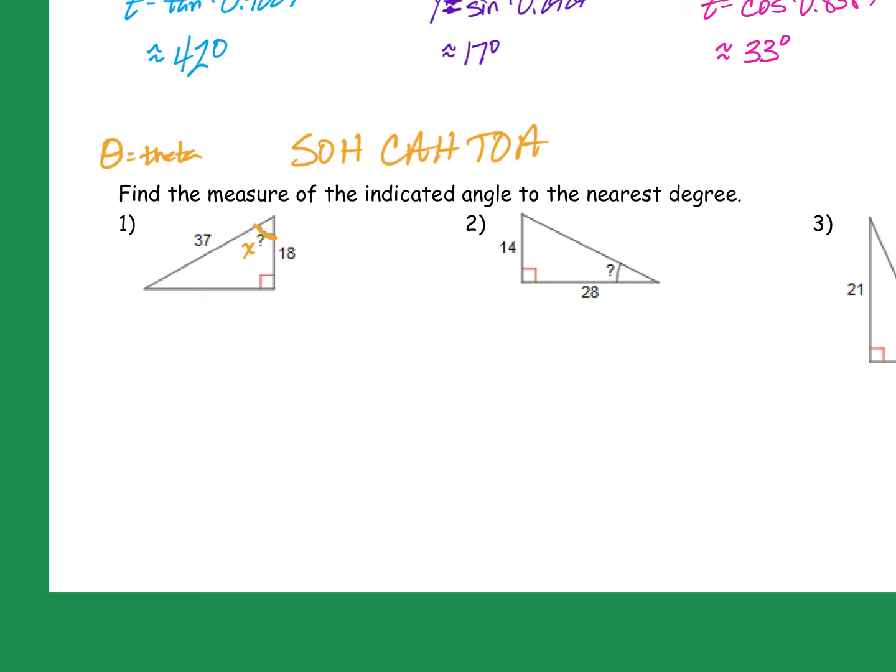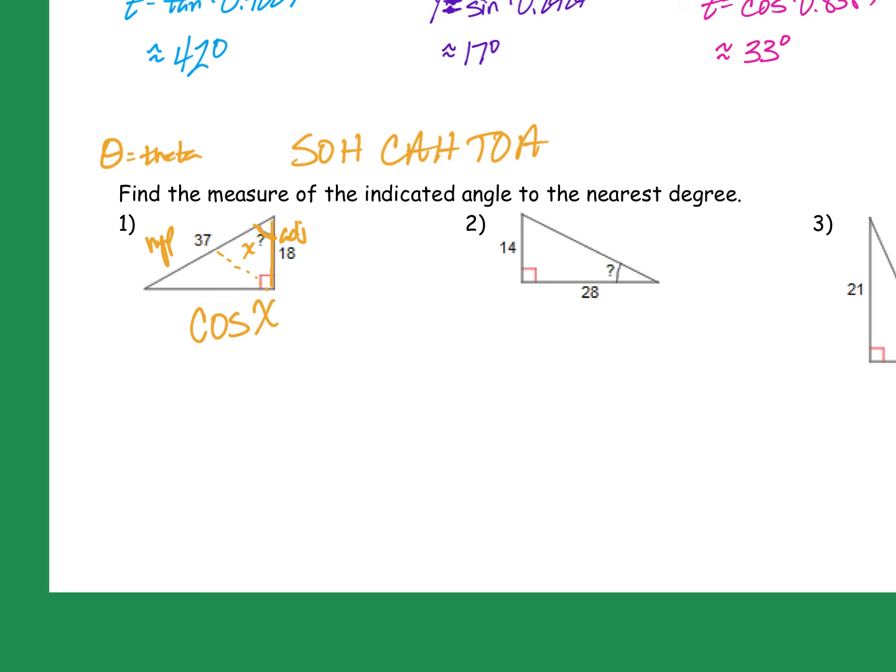I need to know what sides I have first. I have the hypotenuse and the side adjacent. I have A and H. Which one has A and H in it? Cosine, adjacent over hypotenuse.